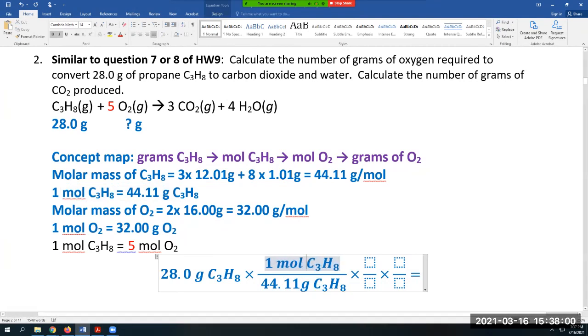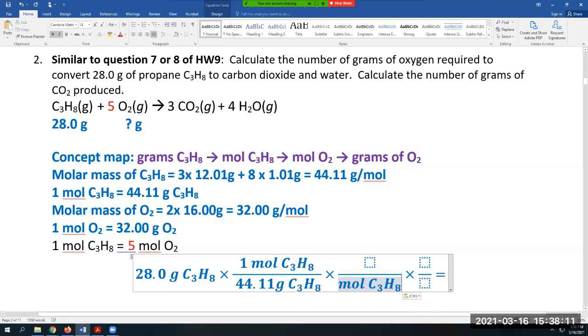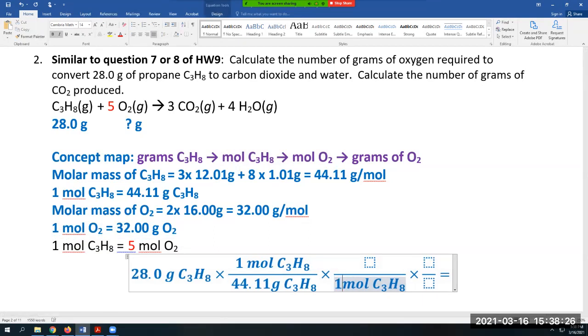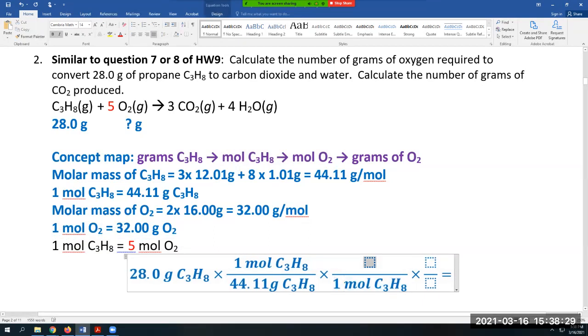And this way, the grams of propane cancel. For the second conversion factor, we need to cancel the unit of moles of propane. So we need to have moles of propane in the denominator of the second conversion factor. And that second conversion changes the moles of propane to moles of oxygen. So it's this equality that we will use here. And that's 1 mole of propane reacting with 5 moles of oxygen.